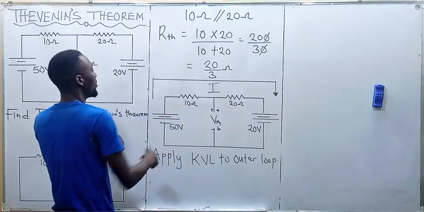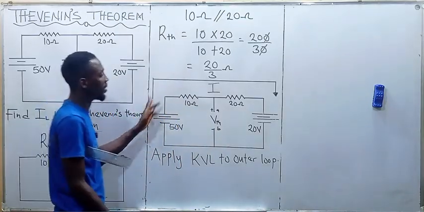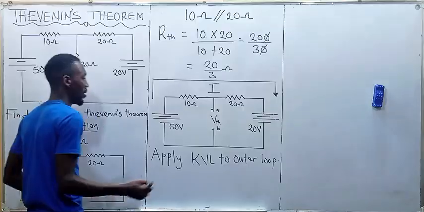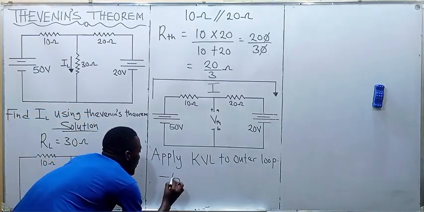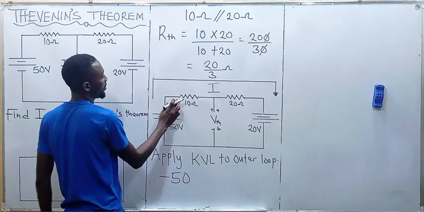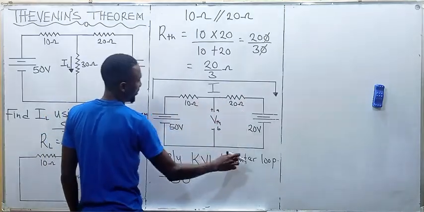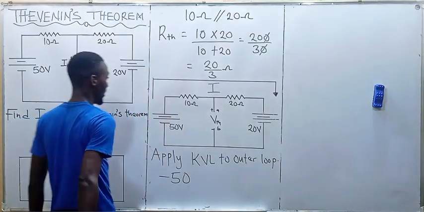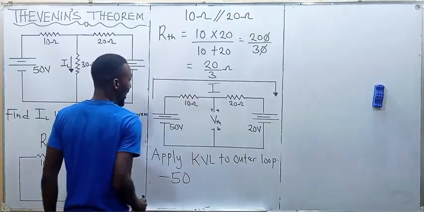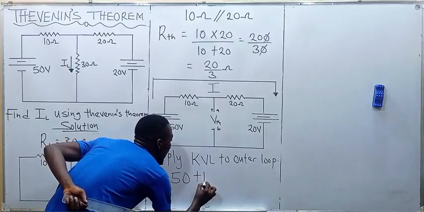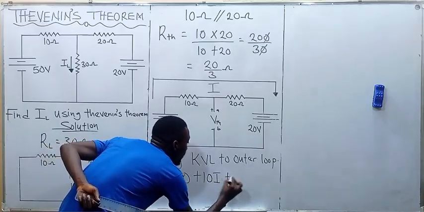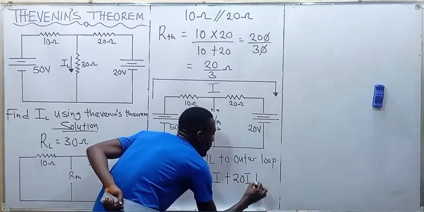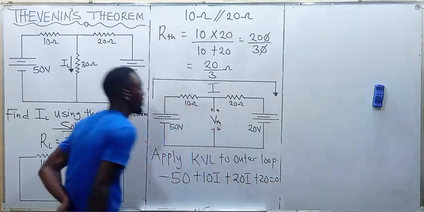All right. So if we apply KVL to the outer loop, this is our outer loop. Here we are starting from negative. So I'm going to have negative 50, and then positive, negative signs across the elements. I'm going to have 10 multiplied by I, which is plus 10I, plus 20I, then plus 20, and everything equals 0.